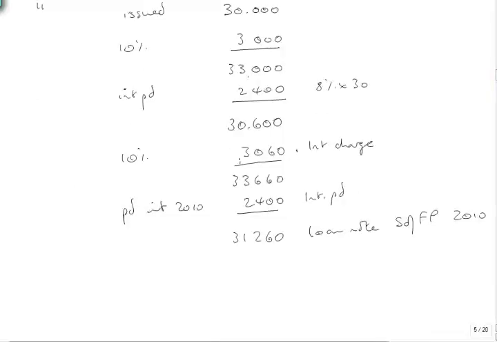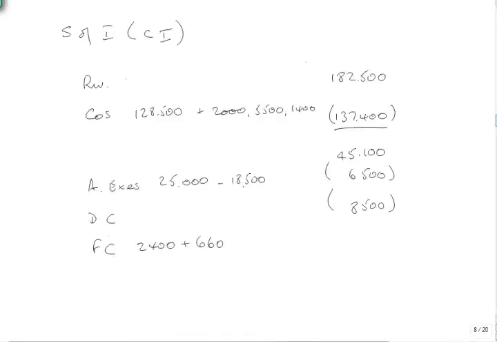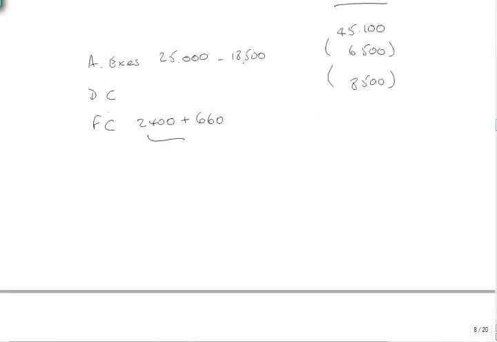Well, we've already got 2,400 in, so the 3,060 is just the difference. There's the 3,060 there. And we've got the bank interest of 300. Then is that it? That's 3,060. And now we've got also the finance cost.